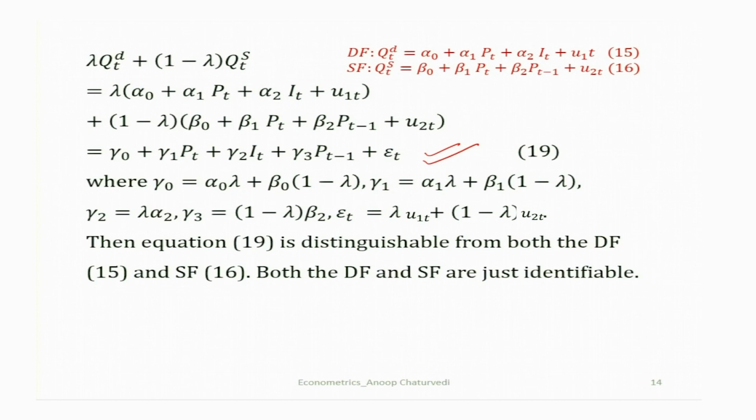The demand function has p t and I t involved in it. So, you can distinguish it from the demand function. It has one extra predetermined variable p t minus 1. Then you can also distinguish it from the supply function, because the supply function does not have I t in it. So, you can distinguish it from the supply function.